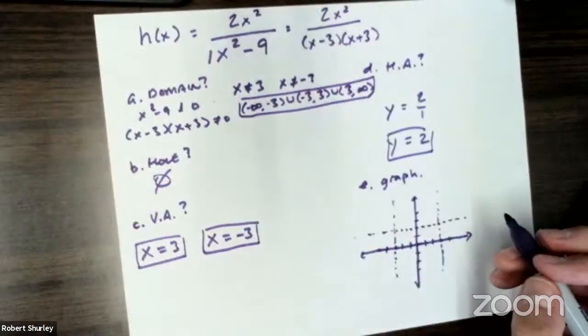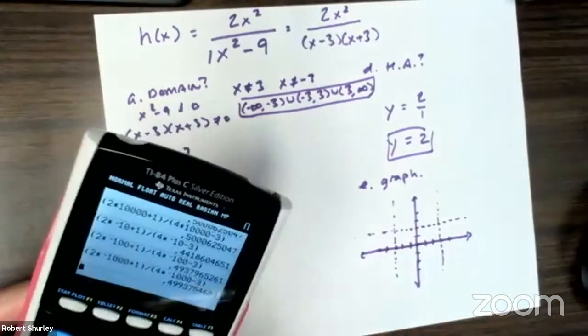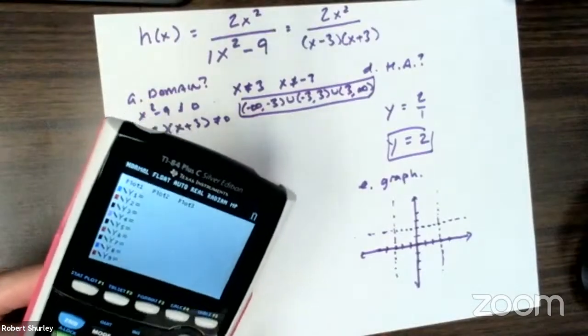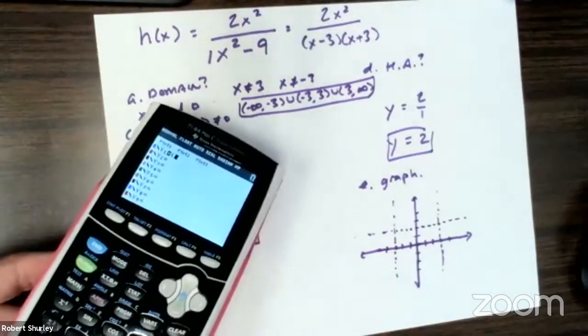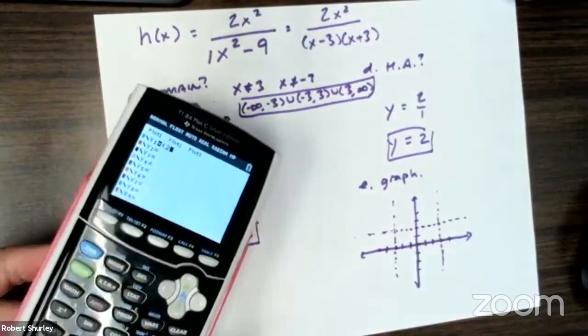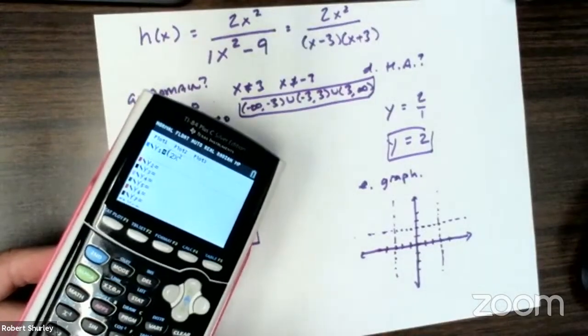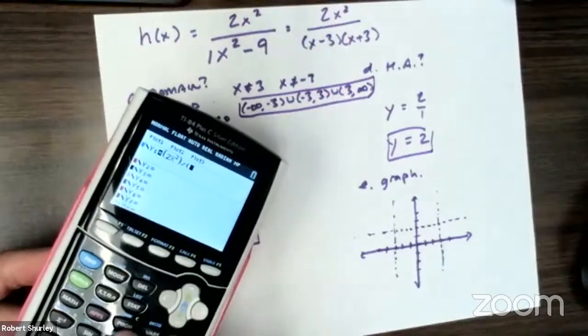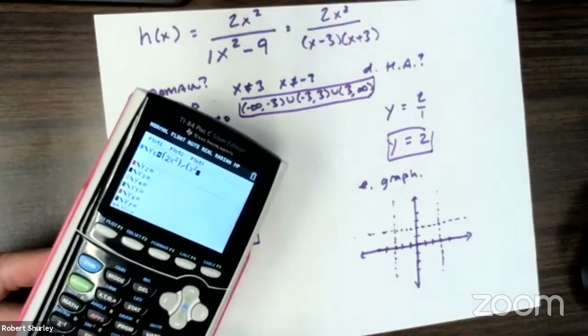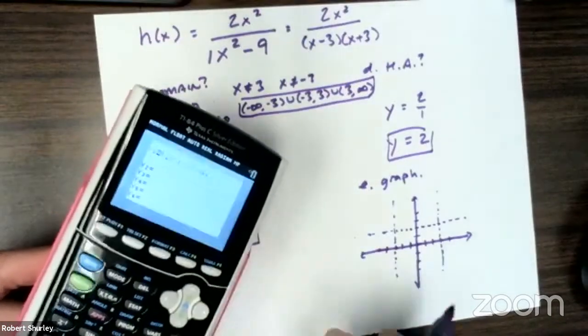And then I'm going to graph them. I'm going to use my utility calculator here. Y equals 2x squared divided by x squared minus 9. I got that. And when I hit enter and graph.